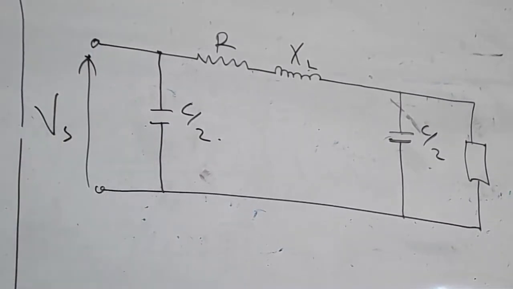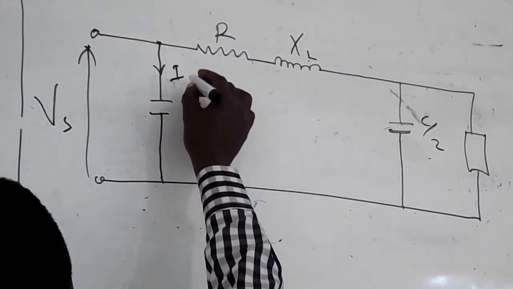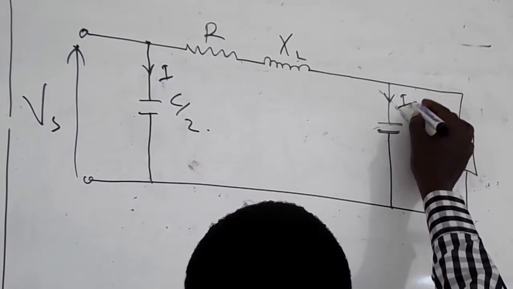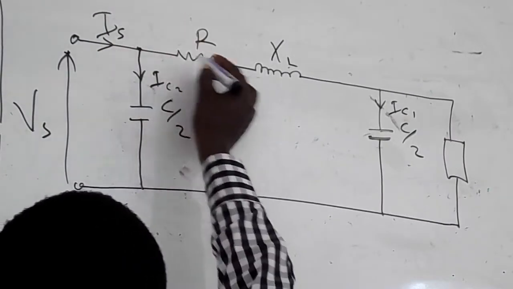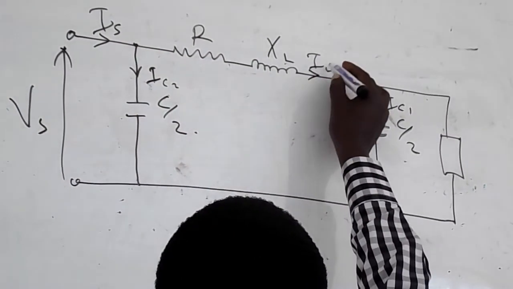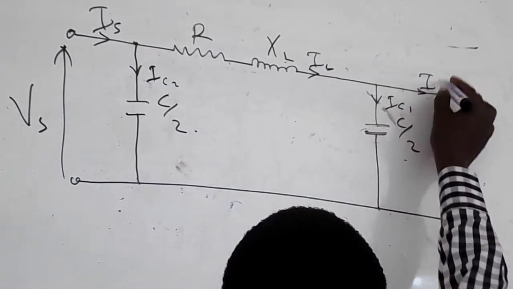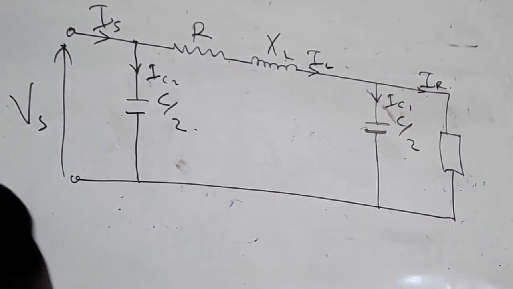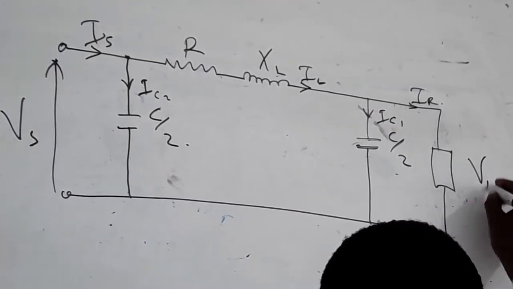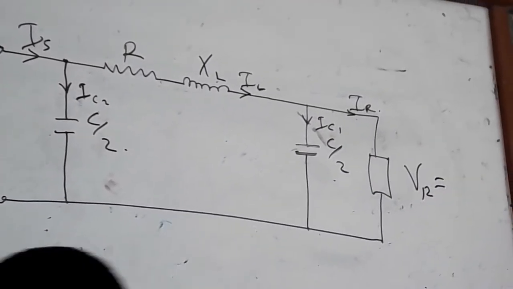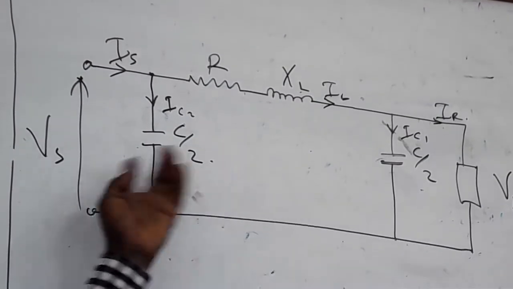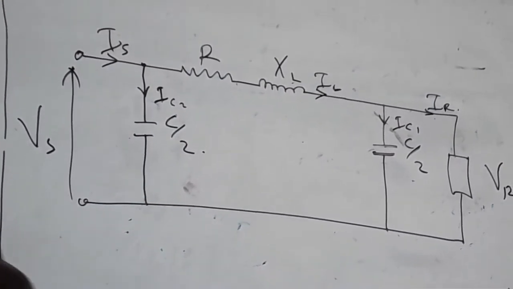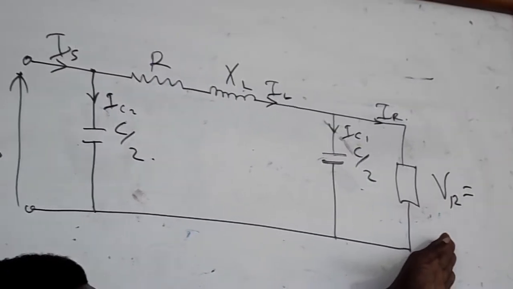So there we have the sending end voltage, IC1, IC2, the sending end current, the line current, and also the receiving end current. Then we also have the receiving end voltage. Looking at the circuit, you can see that a half of the capacitance is lumped at the sending end and a half of the capacitance is lumped at the receiving end.